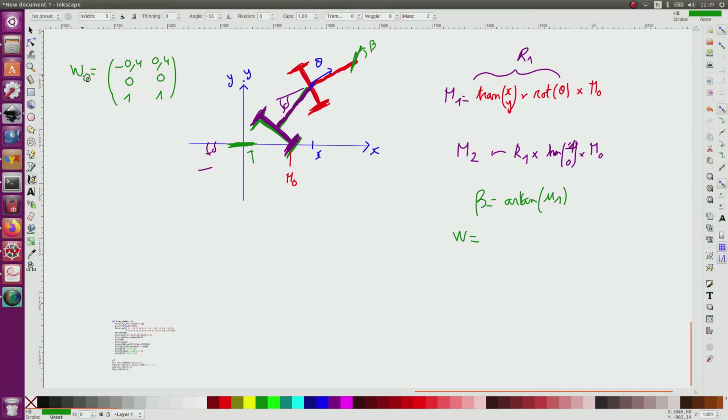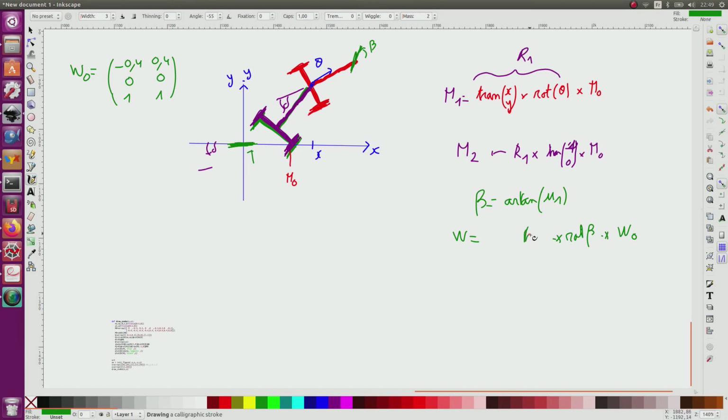And here this one, W0, will be equal to, first I will take W0, I will multiply by a rotation of beta, translation, here I will put it right at the extremity of the initial sledge.